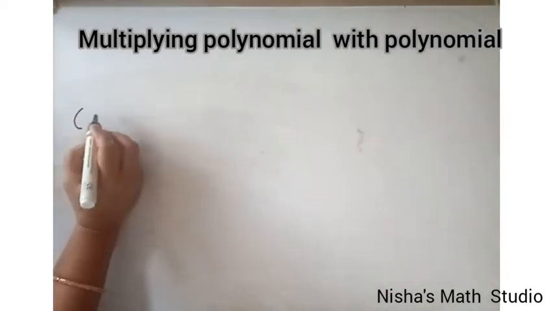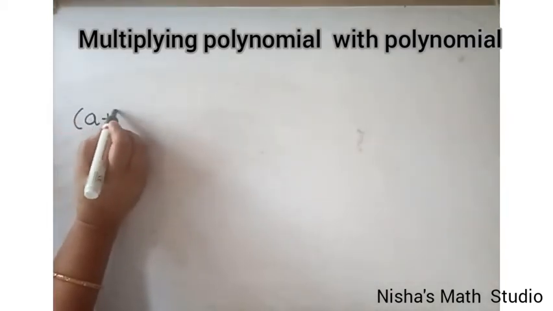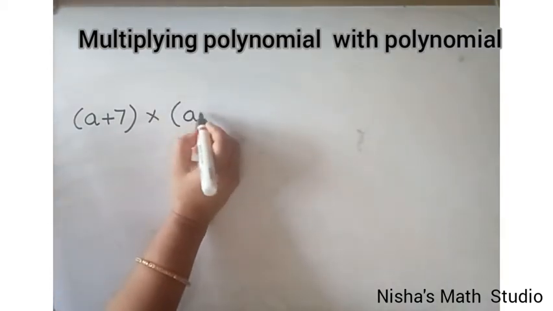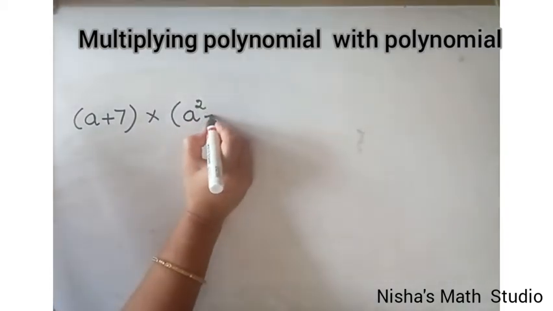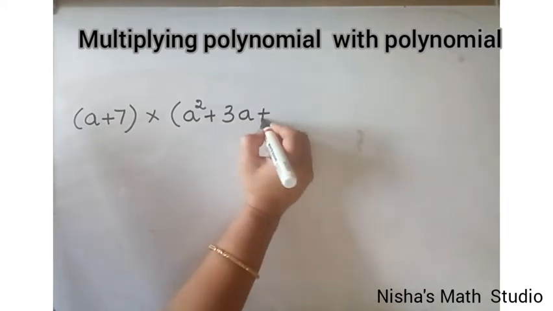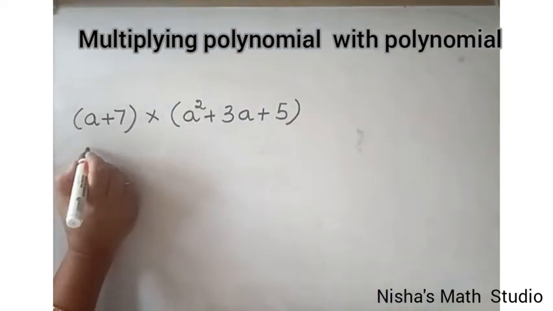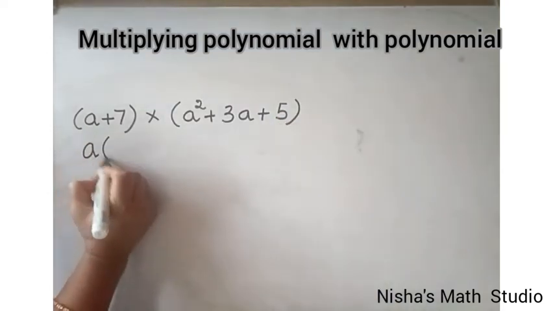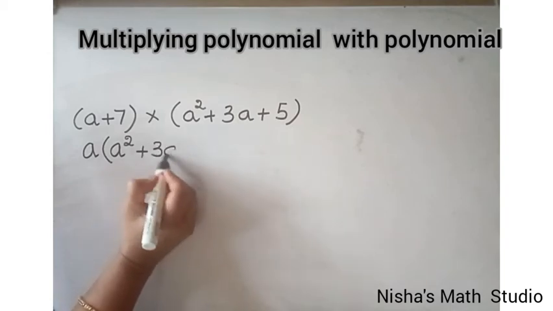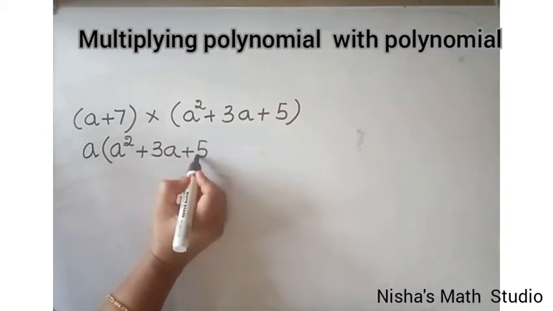If I take a plus 7 multiplied by a square plus 3a plus 5. A multiplied by a square plus 3a plus 5.